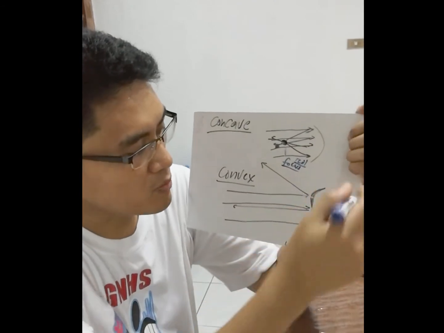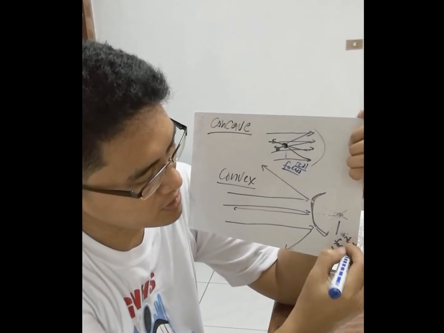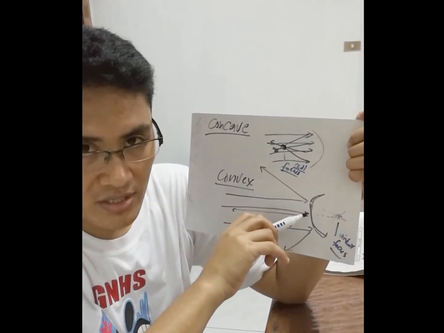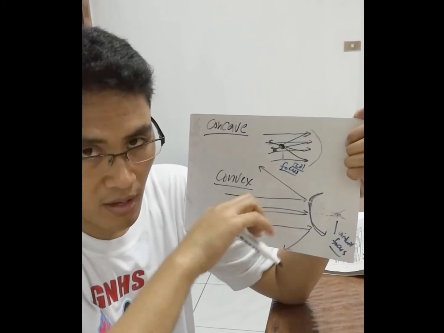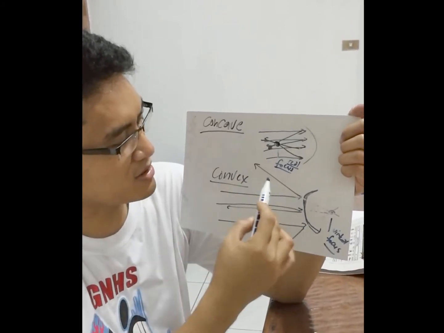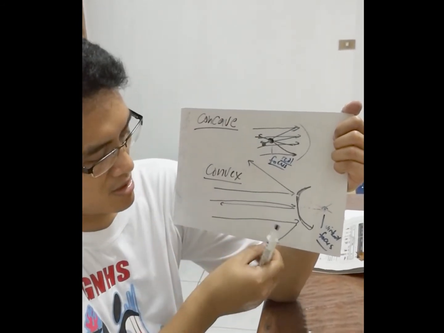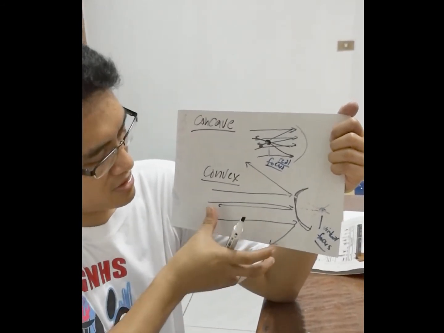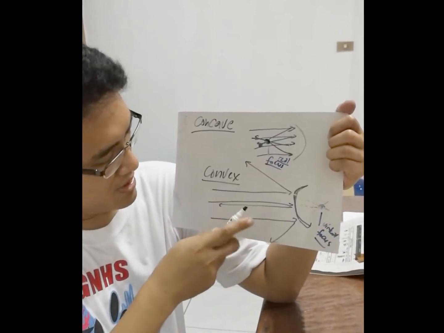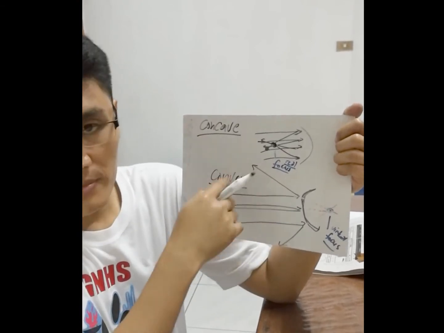But this one, we call this a virtual focus, because after reflection the light rays are actually scattered outwards, right? And they don't meet. In fact, this one goes this way, this one goes that way, this one goes that way, and their distances will be getting greater and greater away from each other, right?